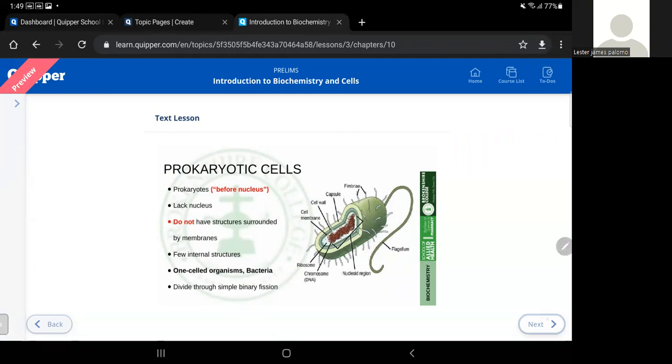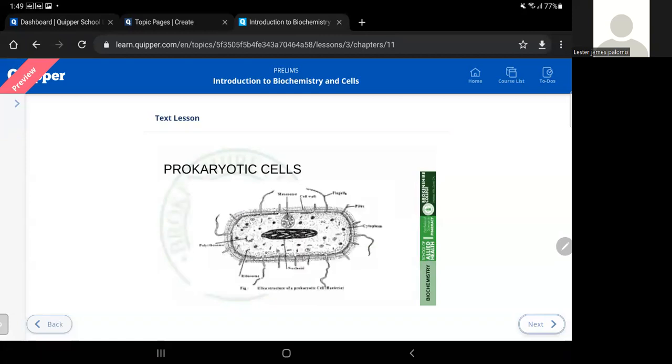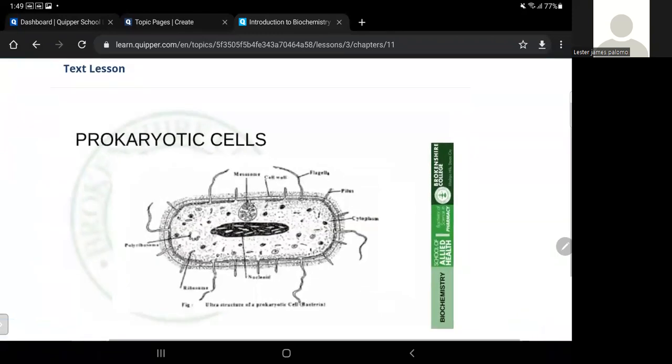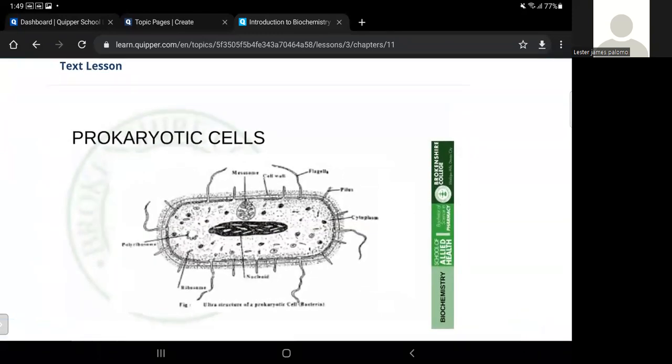Okay, so this is an example of the prokaryotic cell of the microorganisms. It comprises some structures. As you can see here, we have the cytoplasm, the cell wall, and then we also have the flagella, which is the longer extension of the cell.